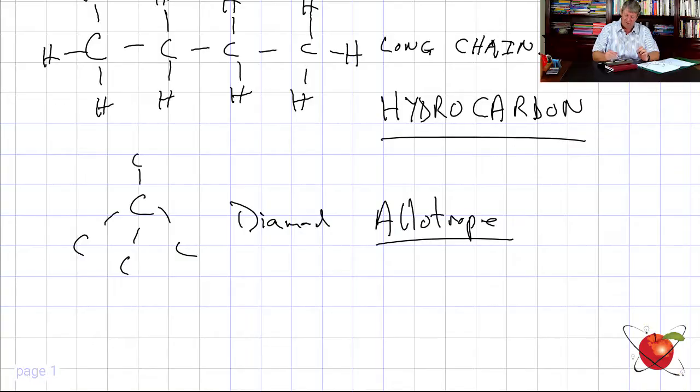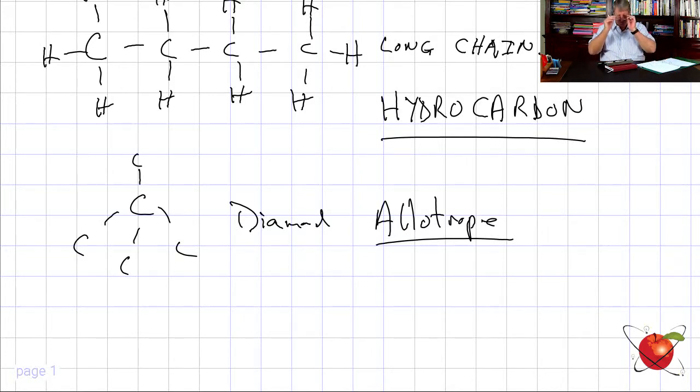Then you had the graphite, which was bonded in a layer type structure with weak bonds between each layer, so it could easily slide off one over the other. That's the product. Graphene is a single layer of that. Now, in this situation here, you have carbon bonded to carbon atoms to form a diamond structure.